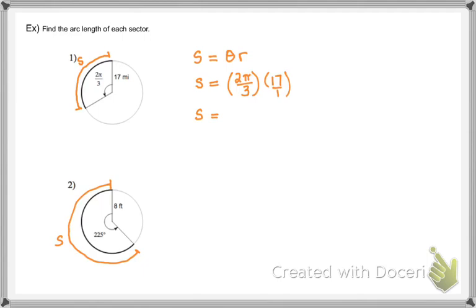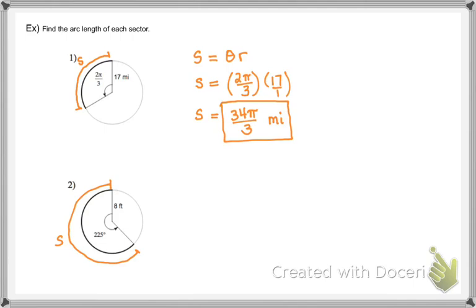We're going to leave our answer in exact form, so in terms of pi, so I don't have to round. When I multiply across, I have 17 times 2, which is 34. So 34 pi over 3 miles, right? Distance in miles. And so that's our exact answer. That's the distance of this arc.